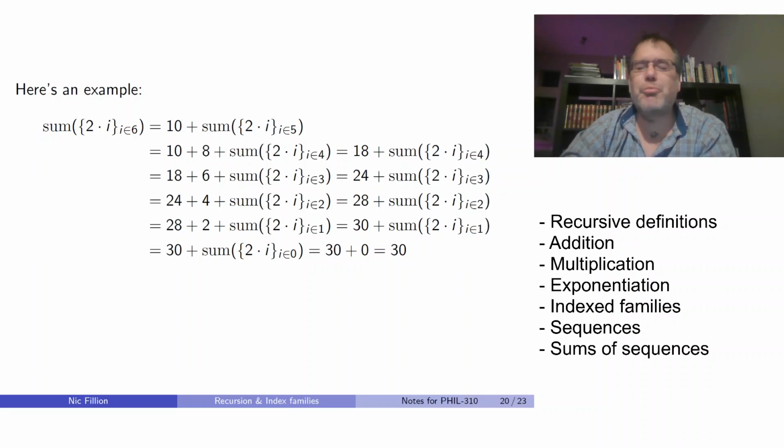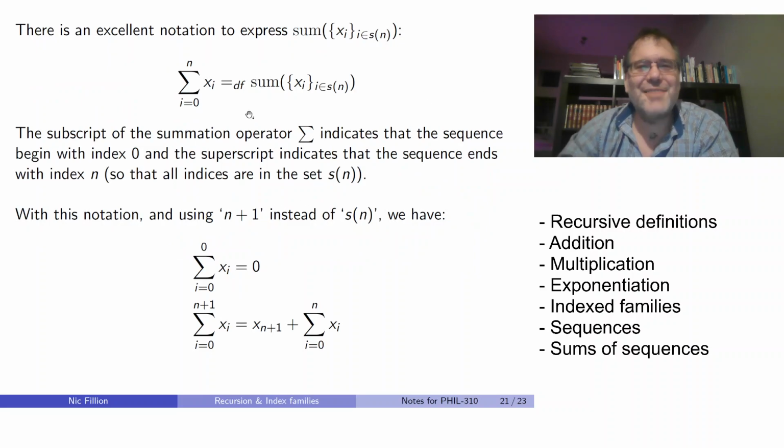Now, mathematicians don't normally use that notation for sums of sequences. They've developed a beautiful notation, which we're going to introduce now, right? So instead of writing the sum of a sequence whose index set is Sn, so it goes up to n, they use that big sigma, the sum from i equals 0 up to i equals n.